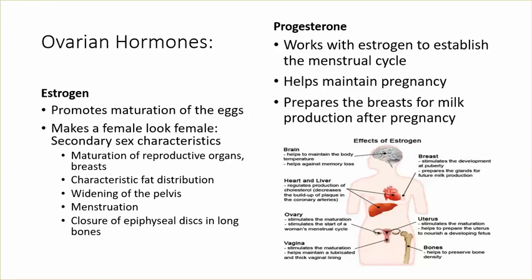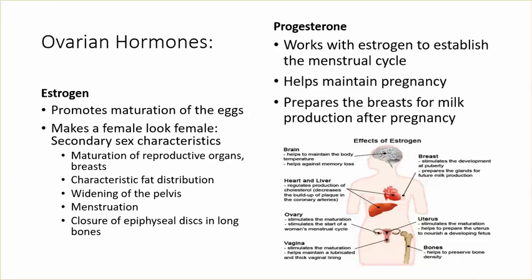Estrogen is the first hormone. It happens in the first half of the cycle. It's being produced by the ovaries, by the follicular cells, under the influence of follicle stimulating hormone, and it's promoting the maturation of the eggs.